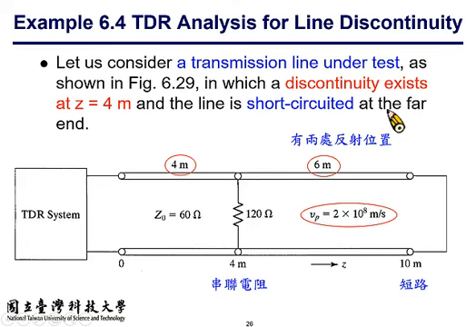So some of the incident energy will get reflected from this position. And here you have another discontinuity, that is the short termination at the right end. So later on, because it's placed further away from your source, it will take more time for this reflected energy to reach the left-hand side.